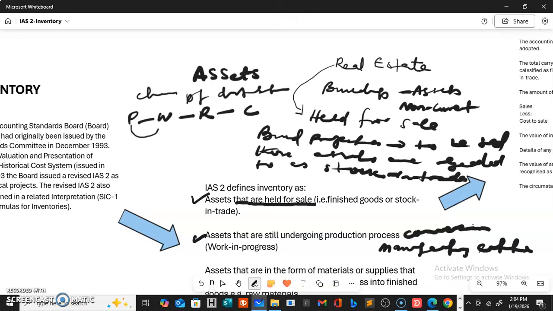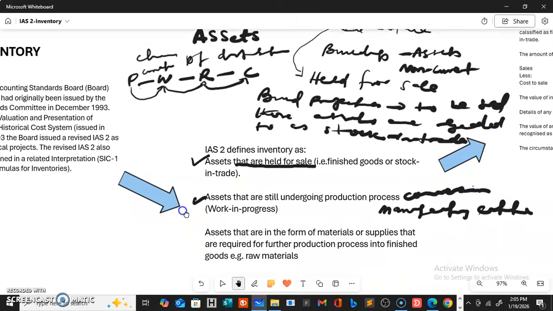The producer produces this item, which goes through conversion processes and finally creates what we call utility to the final consumer. In this case, such assets that are still undergoing work in progress, they have not finished converting them, assets being converted, are regarded as inventories. Okay, so let us have that at the back of our mind.